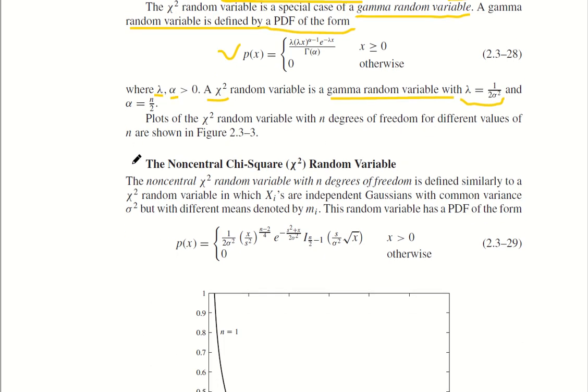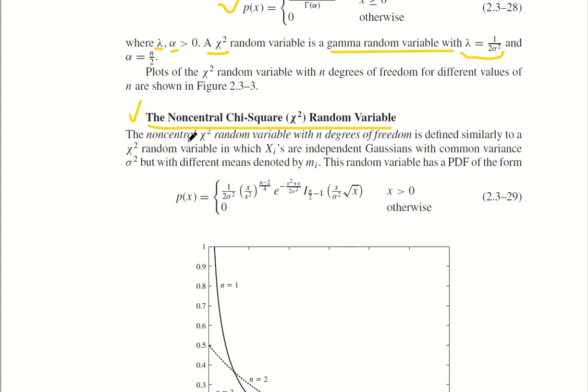Okay, and then we go to the non-central chi-square random variable. The non-central chi-square random variable with n degrees of freedom is defined similarly to chi-square, in which the xi's are independent Gaussians. We have to mention that they always have to be independent.